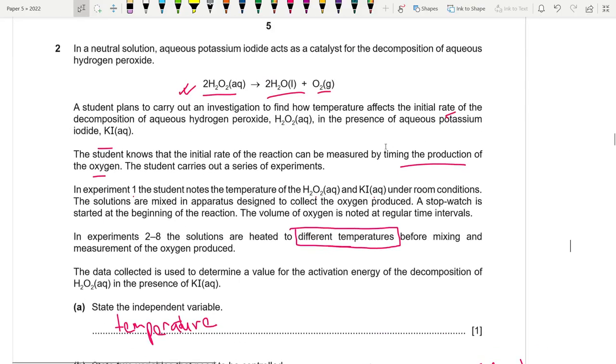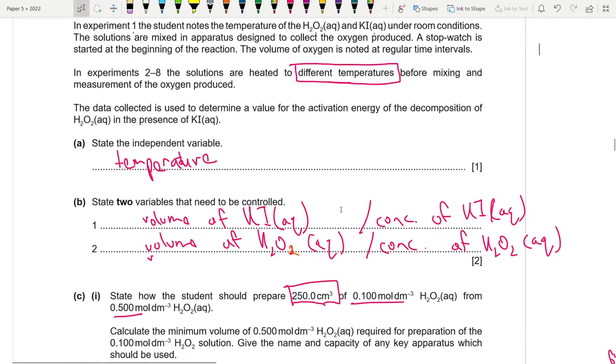Understood? So what else are we adding here? We are adding potassium iodide to the mixture. We can only vary temperature to measure the rate at the end, but we are also adding potassium iodide as a catalyst. So clearly guys, it would be really unfair if we add more potassium iodide than required in one experiment, and you add less in the other one. So we need to ensure that this is standardized, so we're going to add the same volume of potassium iodide, or catalyst.